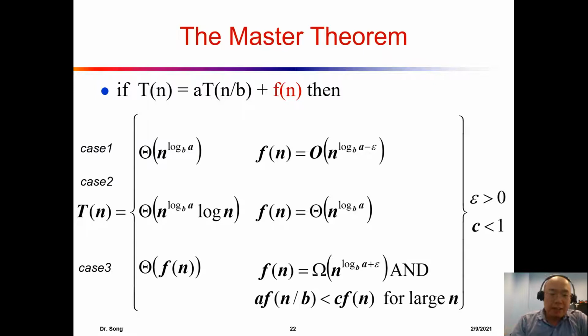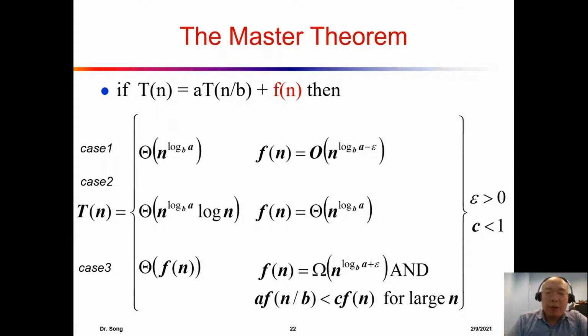And that is there are three cases: case 1, case 2, and case 3. For case 1, if we can prove that f(n) is O(n^(log_b a - ε)), what does that mean? The epsilon here is a small positive value.